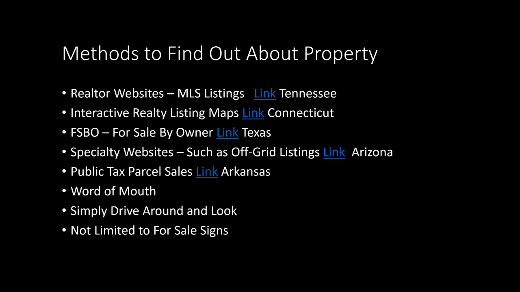Because you don't know if it's going to be available. So let's say you find a property by just stumbling onto it. You've been doing all these other steps, and you get to the point where you're not finding anything, and you look and say, well, man, I wish this one was for sale. I like this.